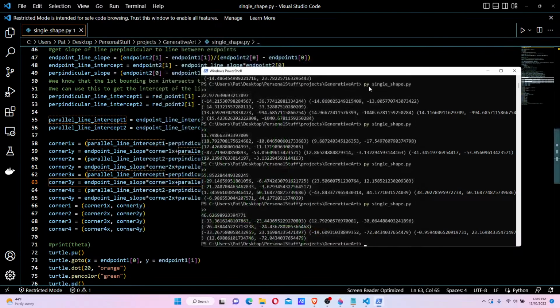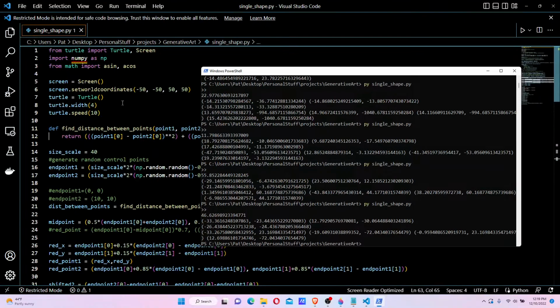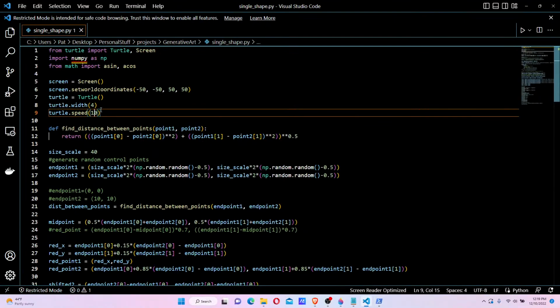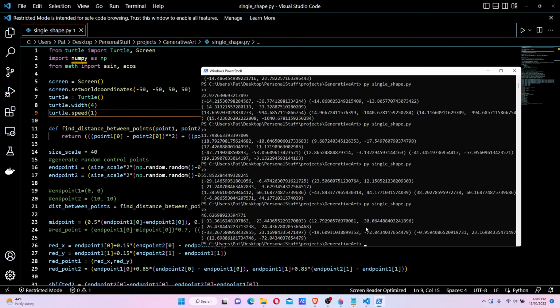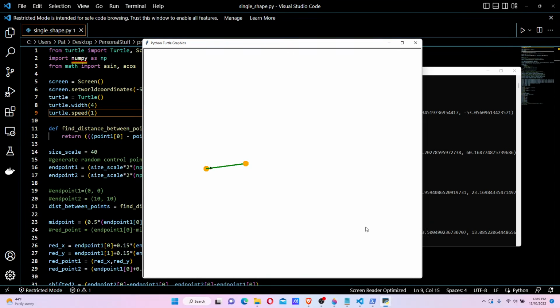Let's slow down the speed, see how it draws the stuff. So take the speed back down to 1. And let's run it. How's it look? 4.